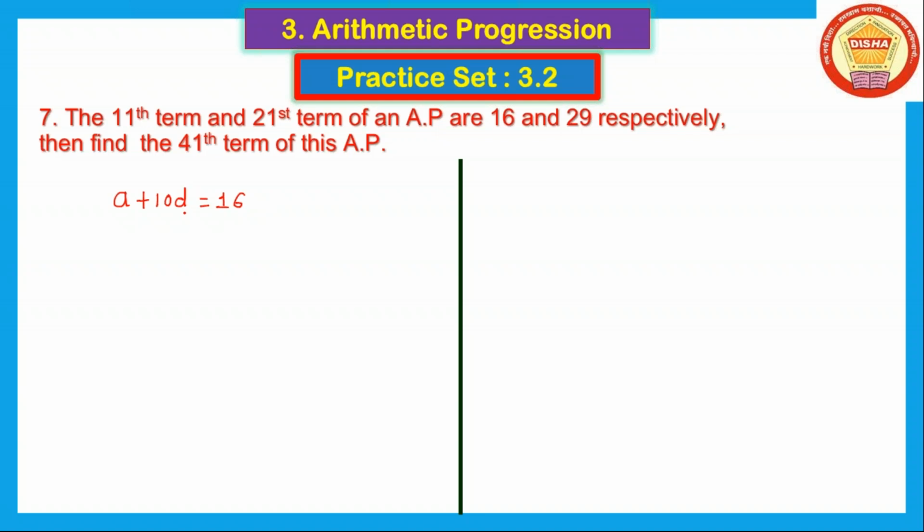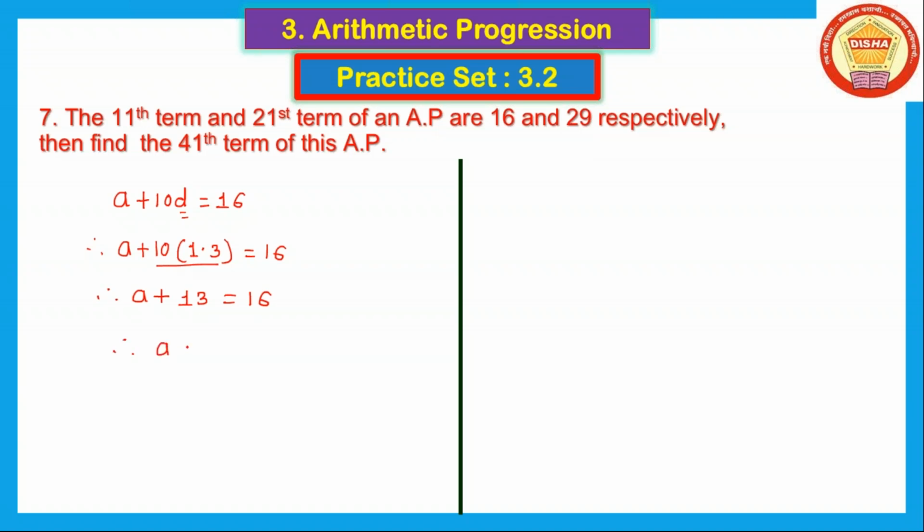Here we found the value of d. We put here the value of d. Means a plus 10 into the value of d, which we found is 1.3, is equal to 16. Then we simplify. A plus the multiplication of both numbers is 13, is equal to 16.